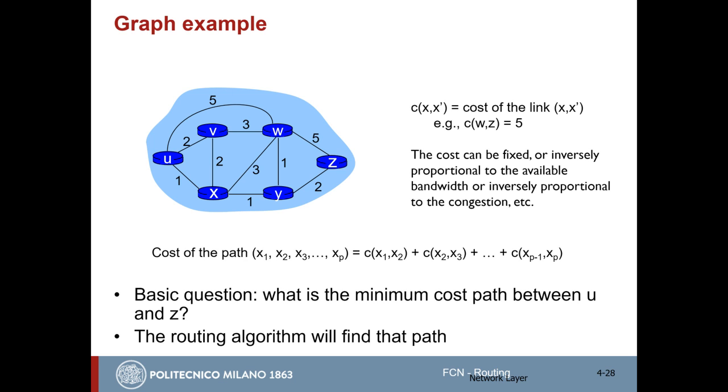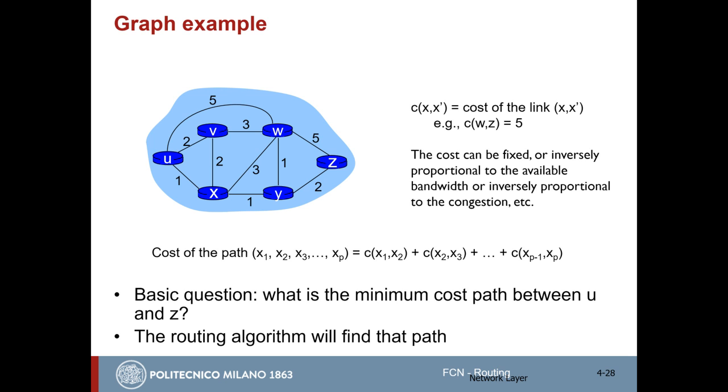So given the cost of the links, the cost is always a number, as we said, but the meaning is different according to the metric. For example, it can be assigned in a fixed form by the network administrator.